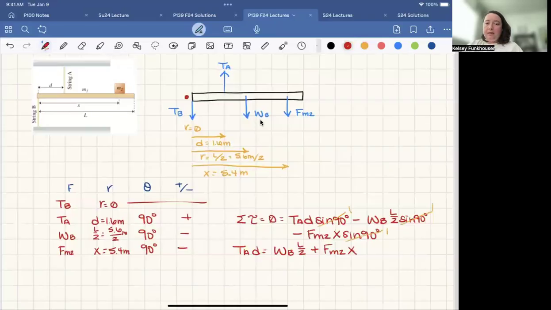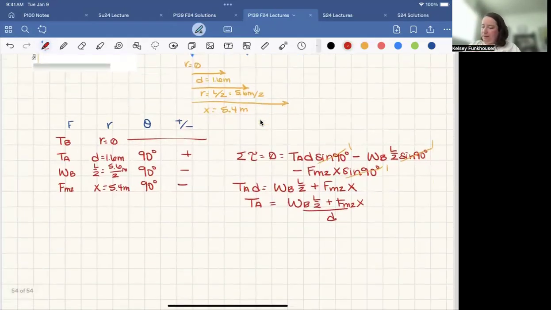And then we just divide that distance on both sides. So we end up with tension in A is the weight B times L over 2 plus the force of mass 2 times x, divided by D. Now we'll plug in our numbers.